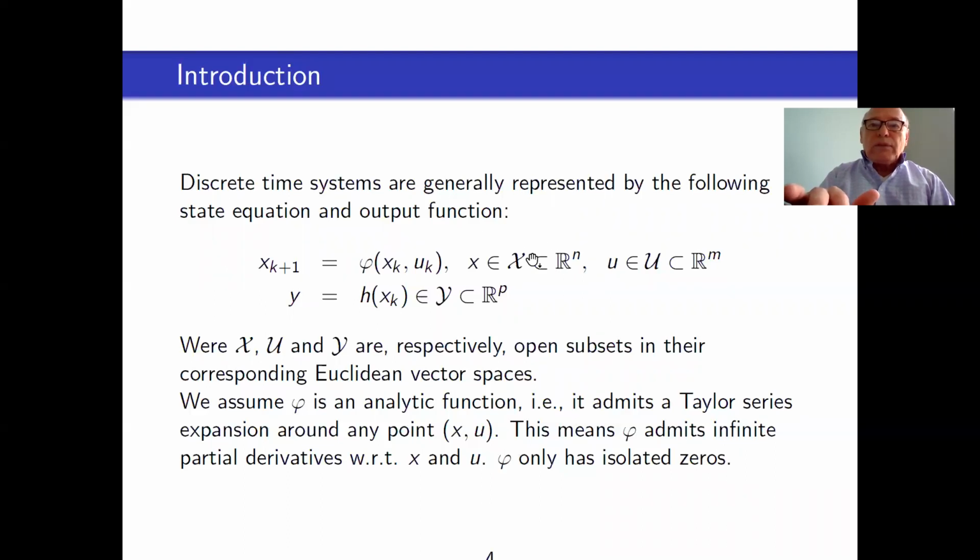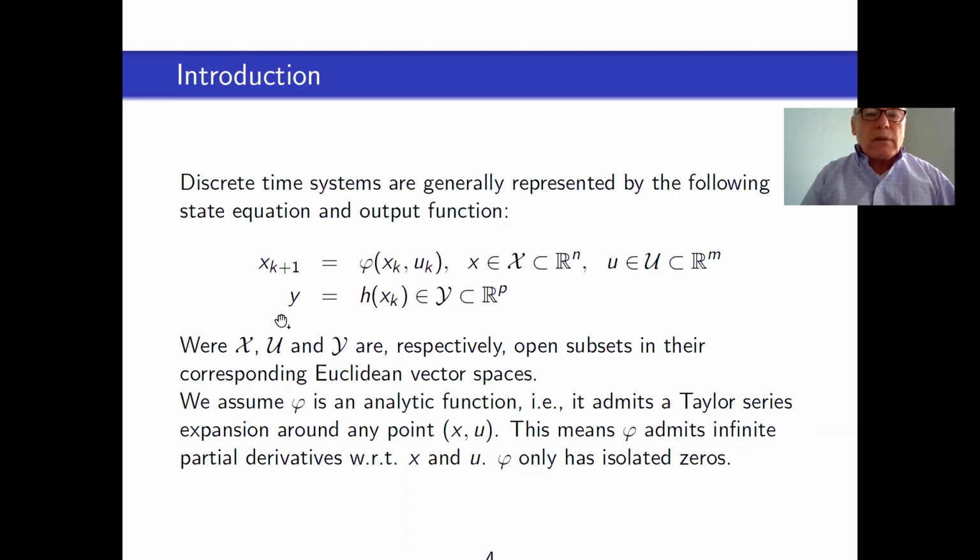The set of points in Rn where the state function can take values is supposed to be a sufficiently large open set of Rn. So X is a vector in Rn at each instant of time. Our control is scalar, and the next state function is represented by this nonlinear function psi.